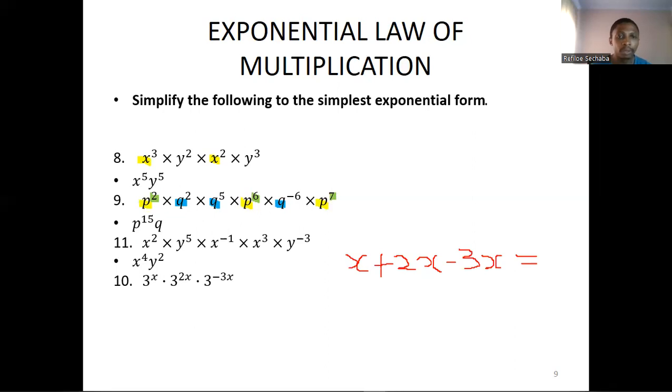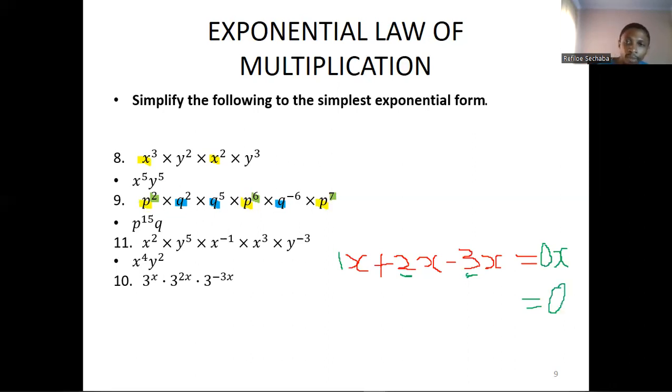So it's 1 plus 2 minus 3. That gives us 0. It gives us 0x. And remember, anything that is multiplied by 0 is just 0. So it won't just be 0x, it'll just be 0. So the exponent will be 0.